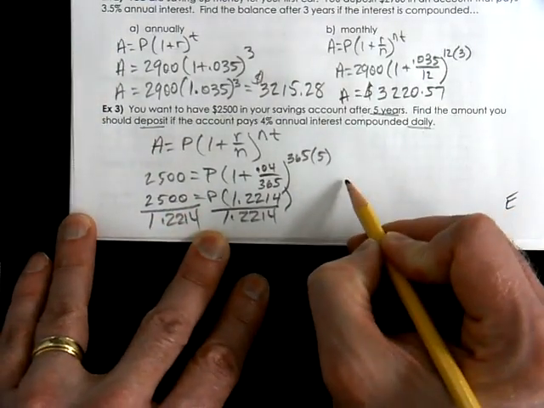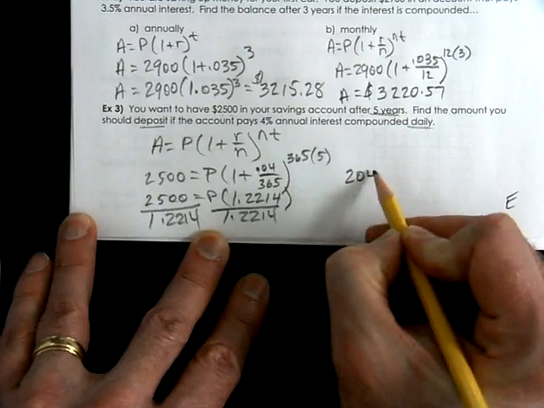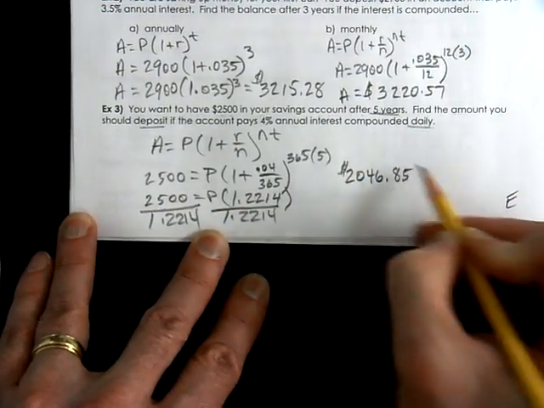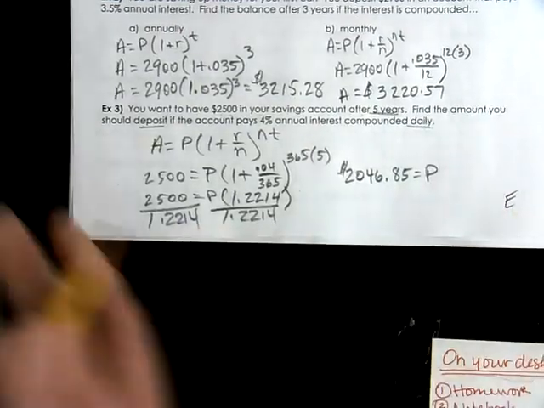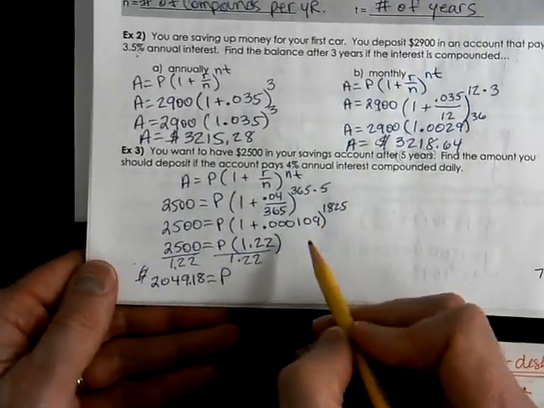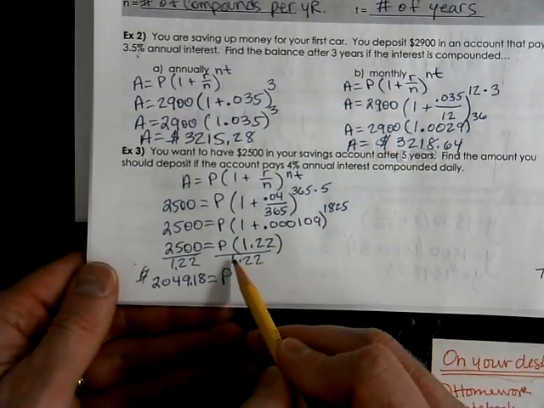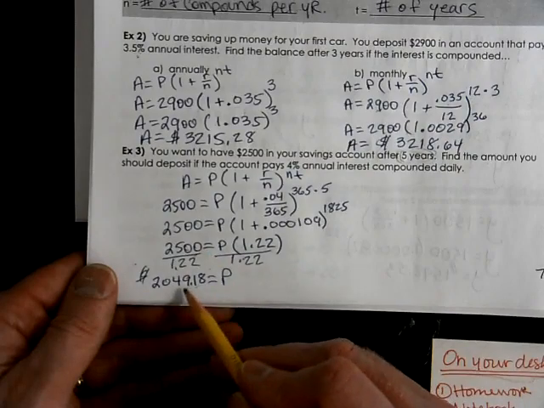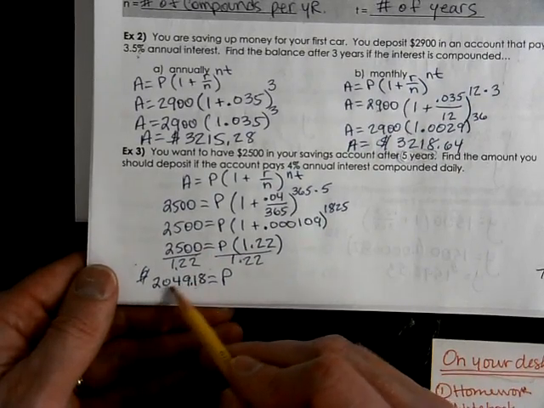So we have $2,046.85. Now notice what I did in another situation where I did round. I rounded 1.22, and when I did that, I got 2,049.